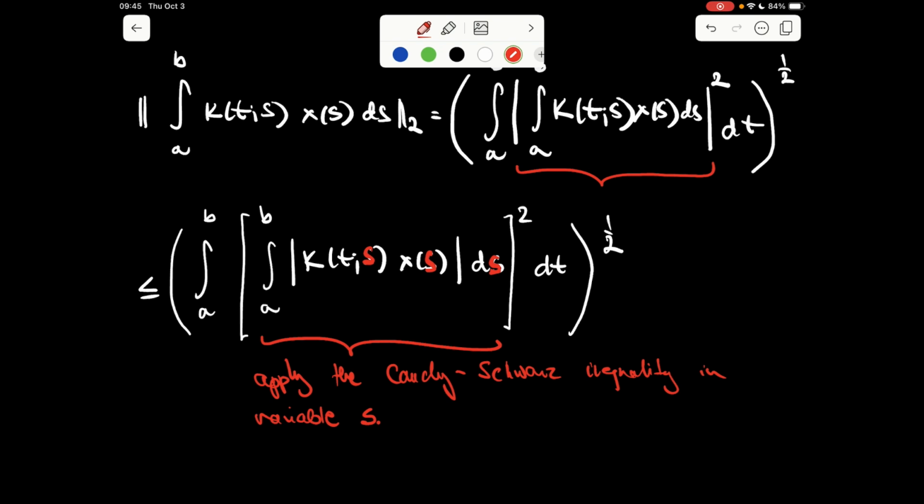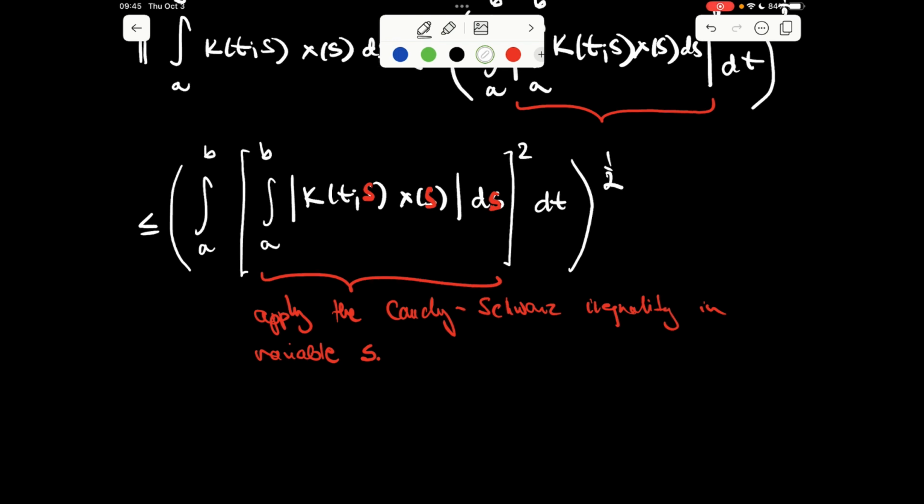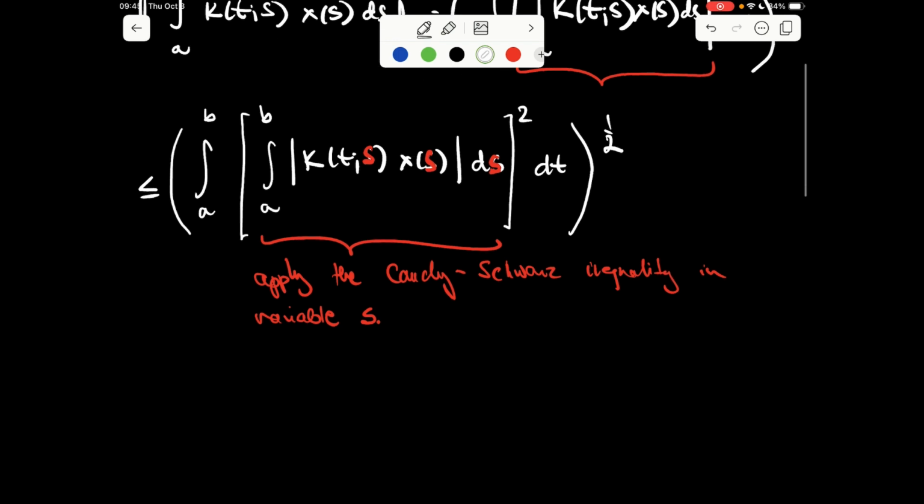Okay, so up to now we have used the fact that the absolute value of an integral cannot be higher than the integral of the absolute value of the function. And as a next step, we will use the Cauchy-Schwarz inequality in variable s.